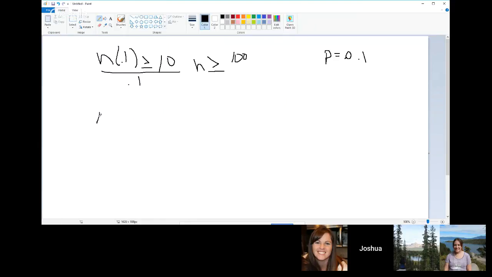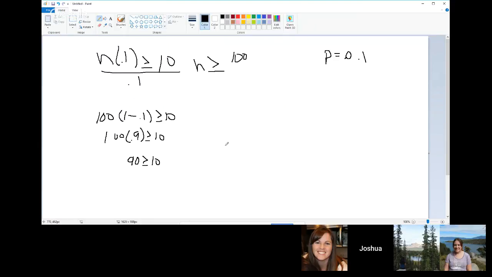So if we do 100(1 − 0.1) greater than or equal to 10, 100 times 0.9, and you'll get 90.